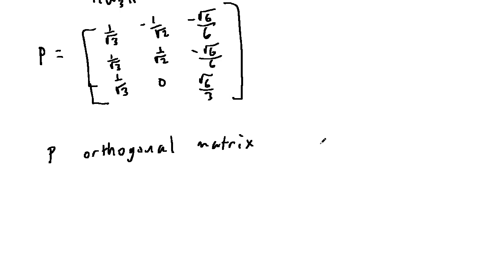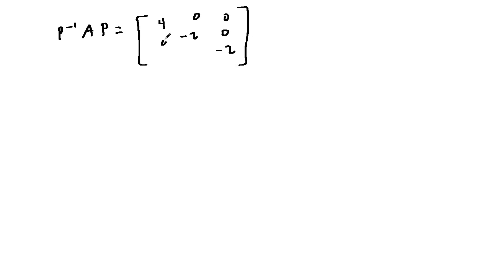And it orthogonally diagonalizes A. Let's check that P inverse AP equals this diagonal matrix. We know that P inverse is equal to P transpose because P is orthogonal.